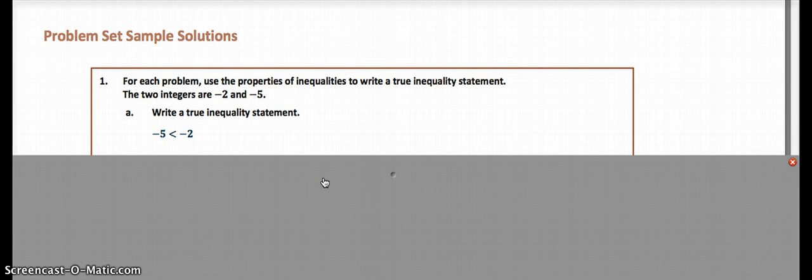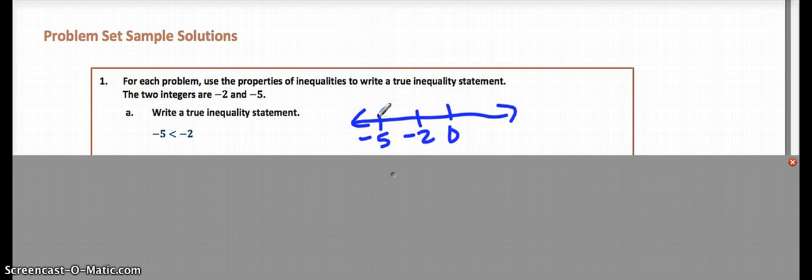If that confuses you, remember that -5 is further to the left down the number line than -2, which makes it smaller. It has a larger absolute value, but its position is to the left on the number line, and that's what makes it less than.